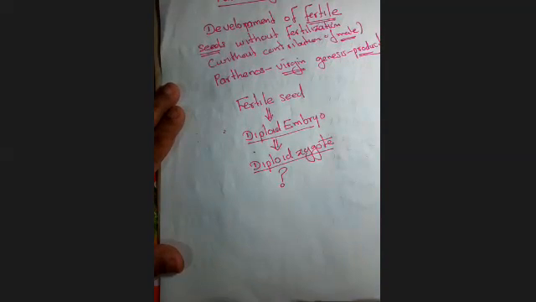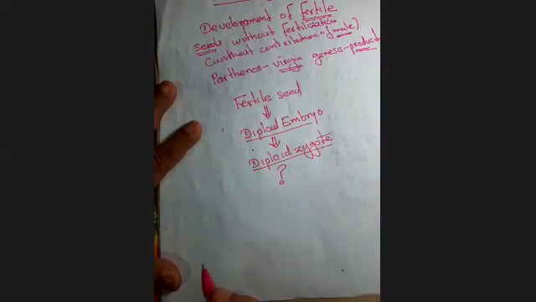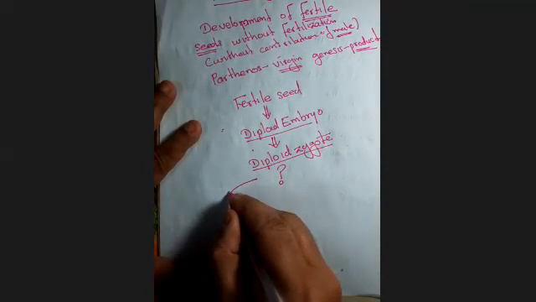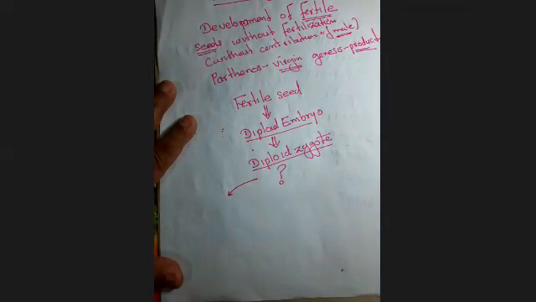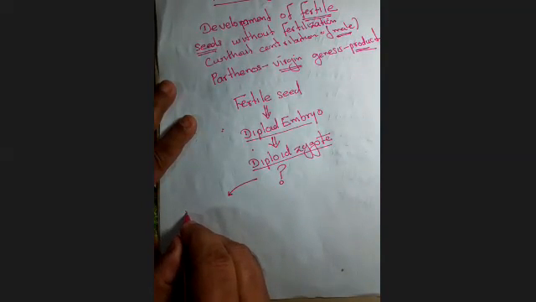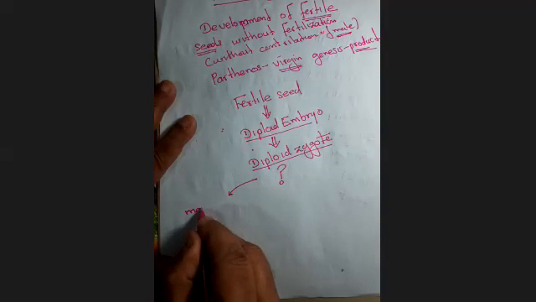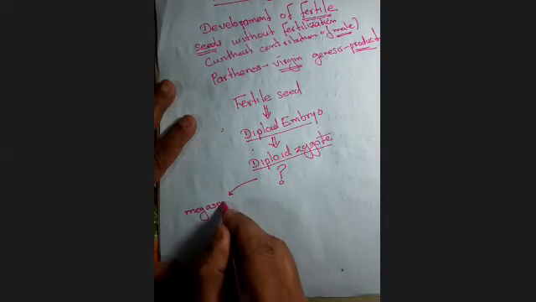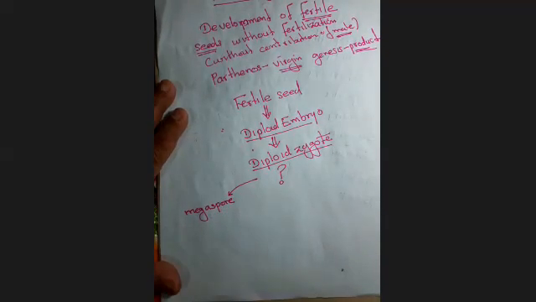There are three types of ideas they develop. One idea is the megaspore. You know megaspore, right? The megaspore is the one growing and forming the female gametophyte.